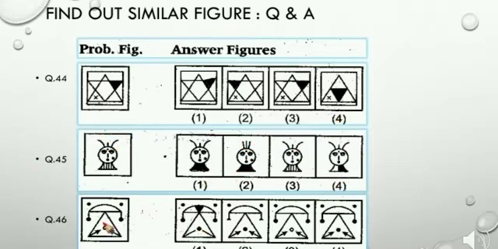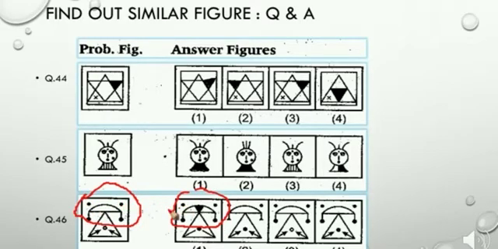Let's go to the next question, question number 46. Let's take this portion of the problem figure and see whether the same portion is available in answers. Let's go to answer 1 and check this area. This dot is there, same.